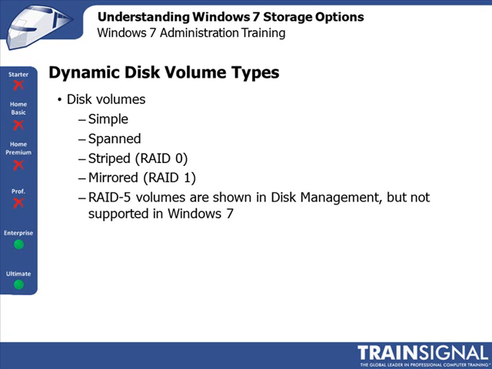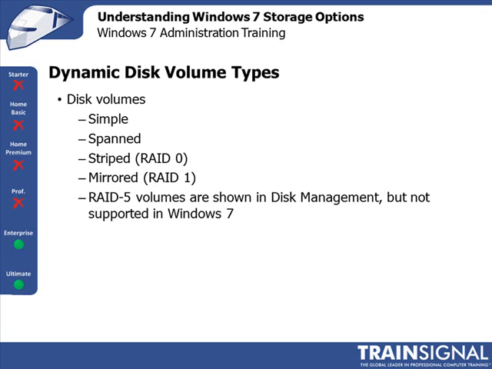Now, you get some significant performance benefit, but you also take a huge risk. If any one of the disks in that span fails, you lose the entire volume. So let's say you've got 4 drives and you span a huge volume across all 4 of those drives. But drive 3 fails. You lose all the data on all 4 drives because there's no protection mechanism for making sure that data gets protected.